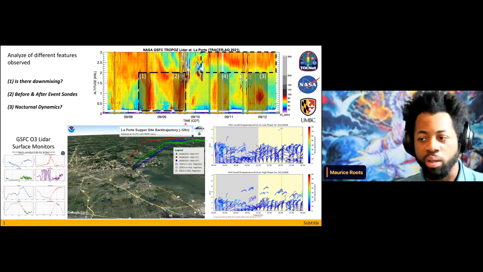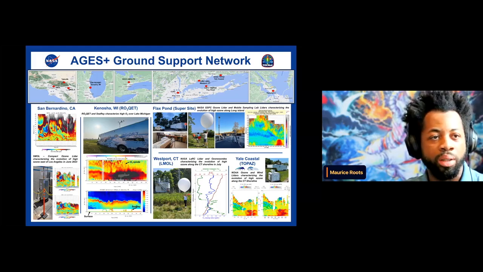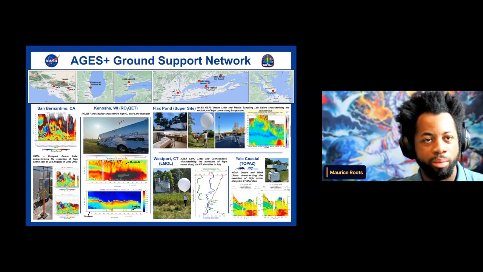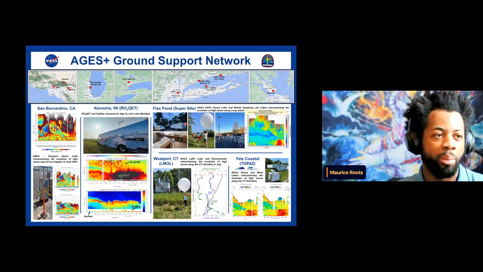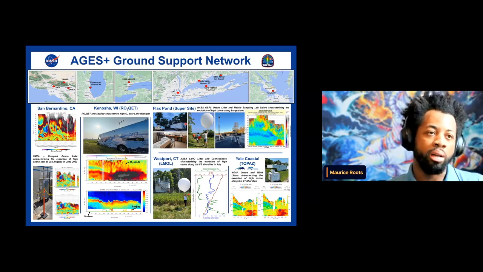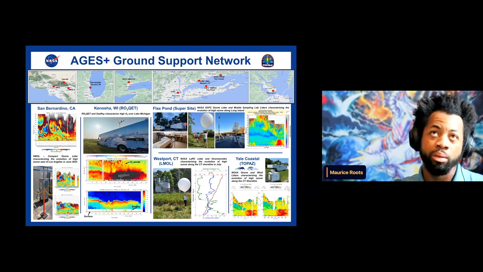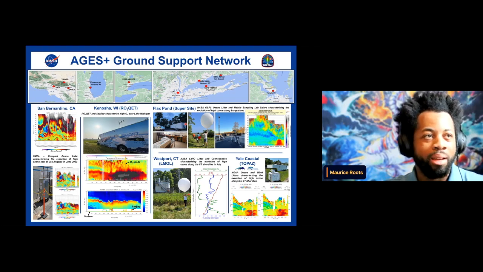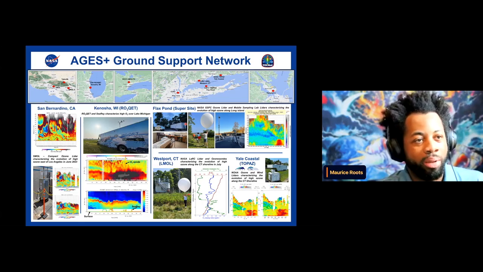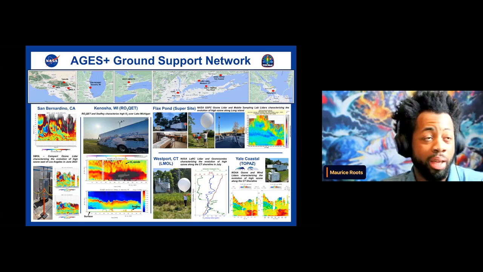This one is a little plug, but it's one of our best campaigns to date. It's actually a super campaign that happened last year, 2023. We called it AGES Plus. The plus is because it's a campaign of campaigns.